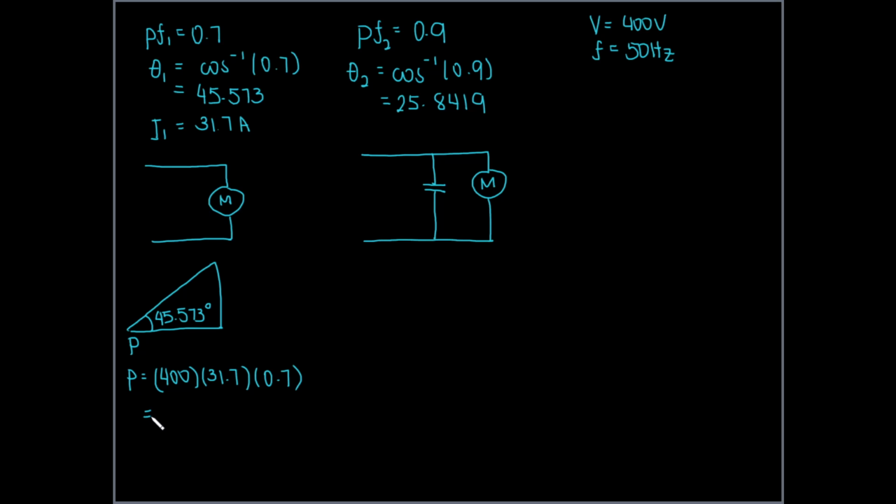That must be equal to, let me check, 400 times 31.7 times 0.7 is 8876. So this is 8876 watts. So let me draw here 8876.